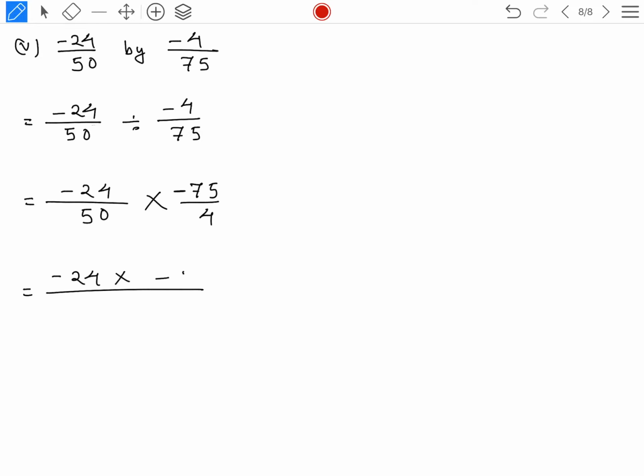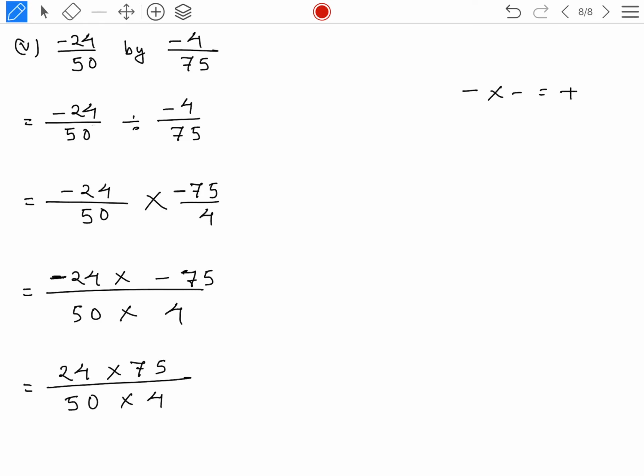Understood? Next step, multiply numerator into numerator, then denominator into denominator. Now we can do one step here. Minus and minus, when we multiply we get positive, yes or no? So you can simply write 24 into 75 divided by 50 into 4.